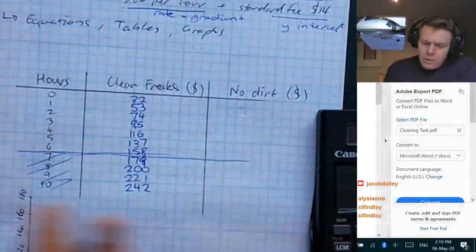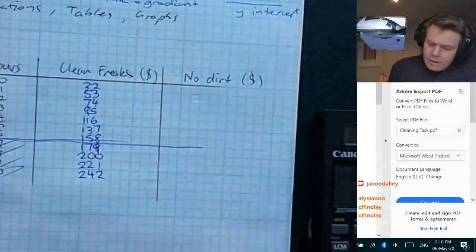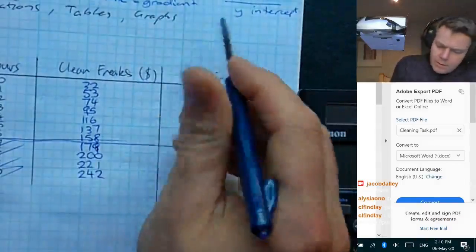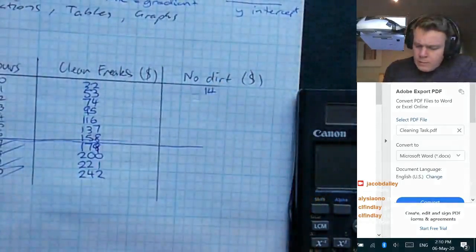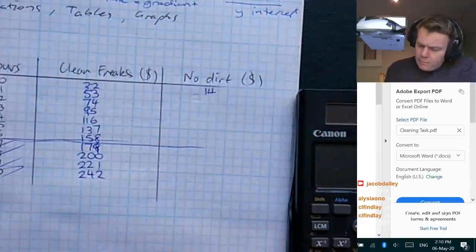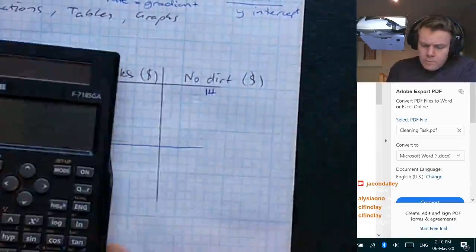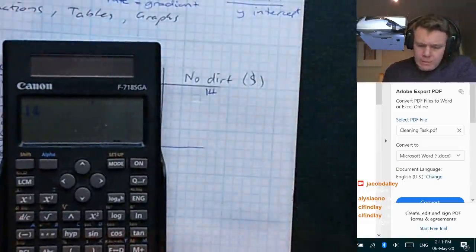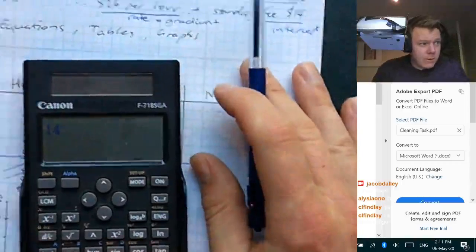And you can do the same with the No Dirt one. So they start at $14. After 1 hour, you would add on 26.